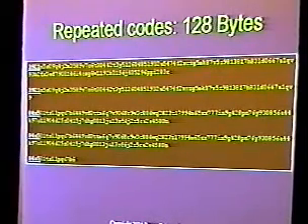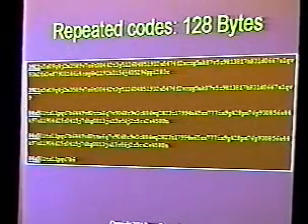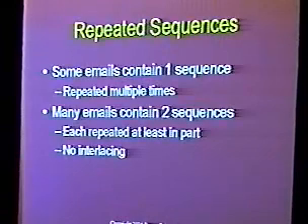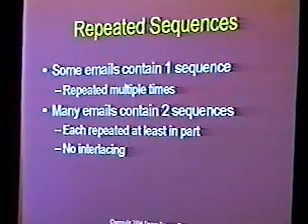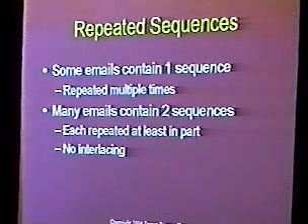The first sequence, 3921, is 128 characters long and then partially repeated. Then there's the second string, 84x5, fully repeated and then partially repeated. In fact, some emails from this group have only one sequence that's repeated multiple times. Other emails contain 2 sequences, with each one repeated at least in part, and no interlacing between the 2 sequences.